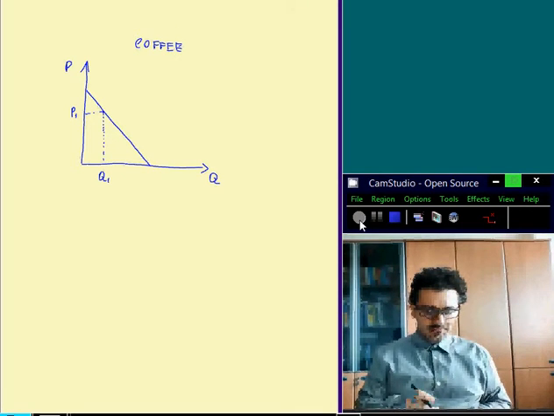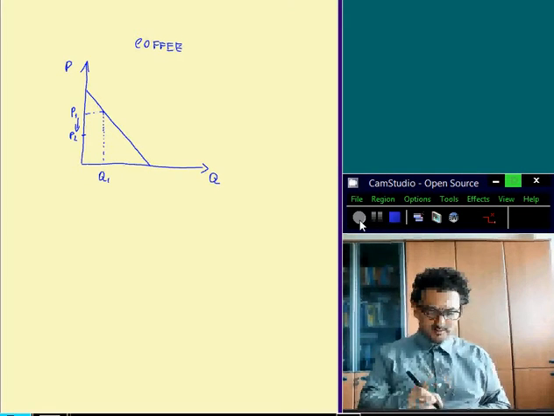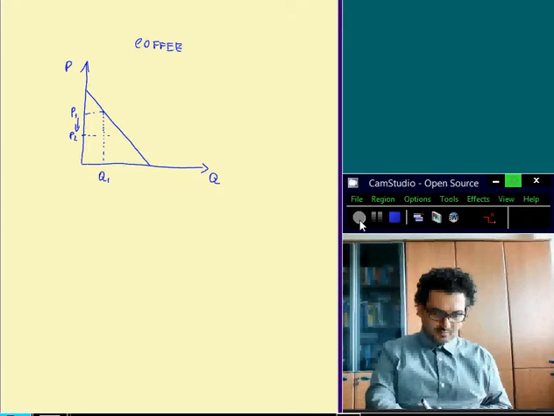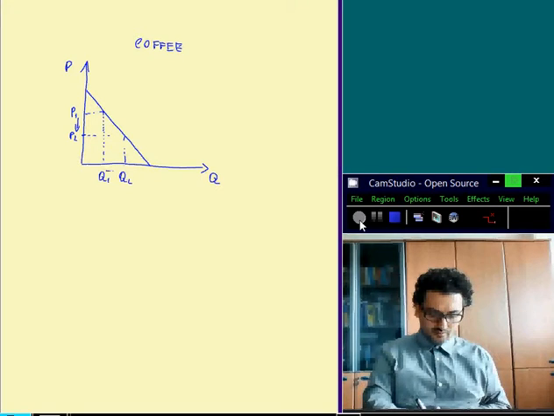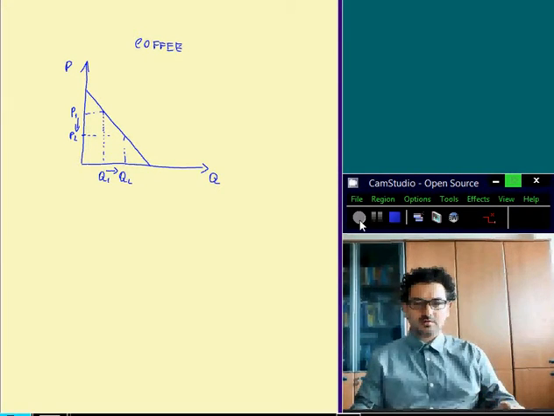Now, if we have a decreasing price for coffee at a level, for instance, equal to P2, the new demanded quantity according to this relation will be Q2. So we have an increase in the demanded quantity for coffee.